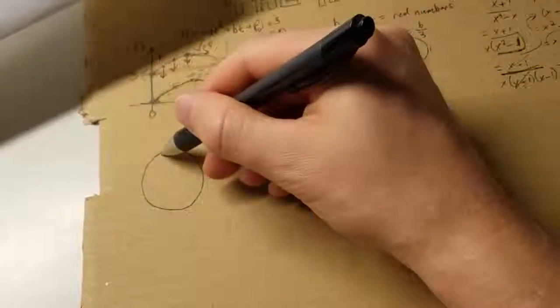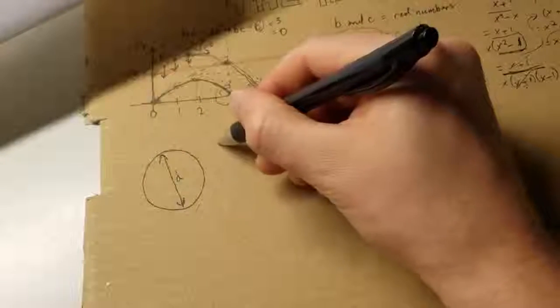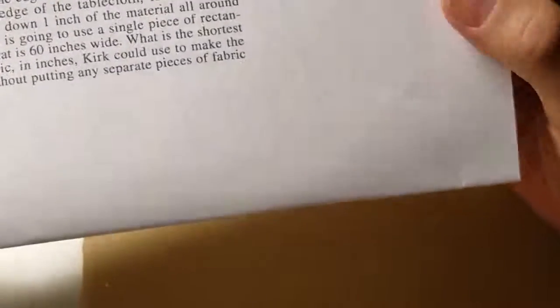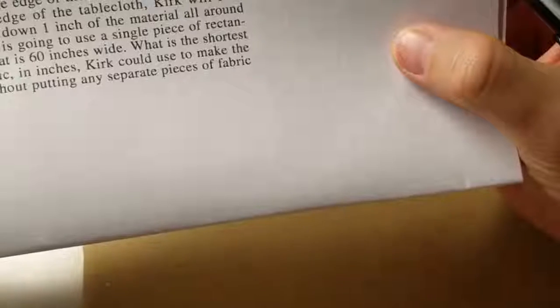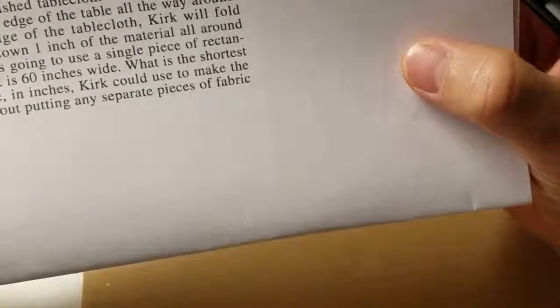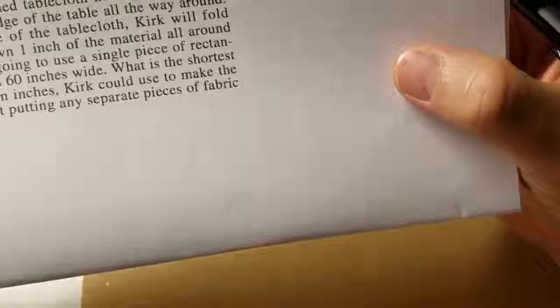And the diameter D equals 3 feet. Now the finished tablecloth needs to hang down 5 inches over the edge of the table all the way around.